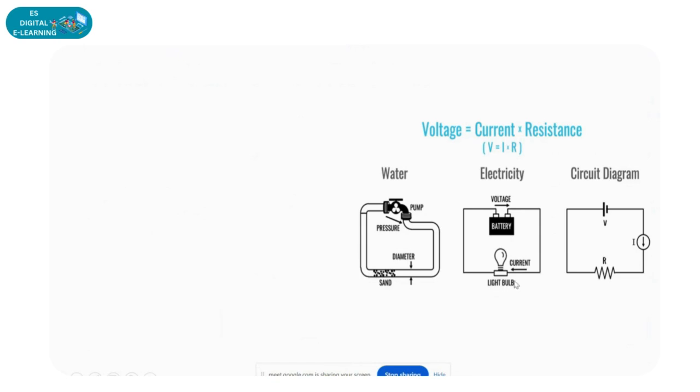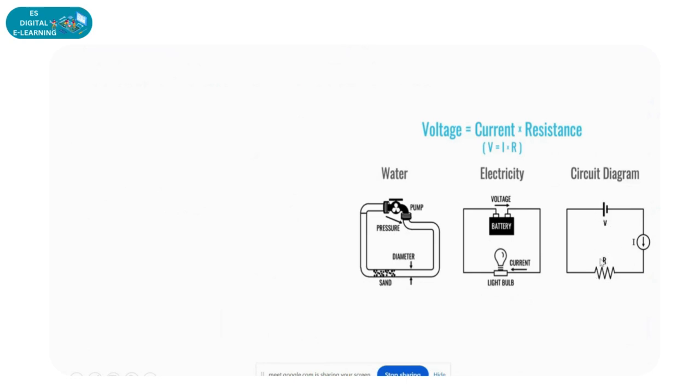The bulb is utilizing some energy, or filtering it. Some obstruction will be there, and that obstruction is the resistor. So V, I, R.